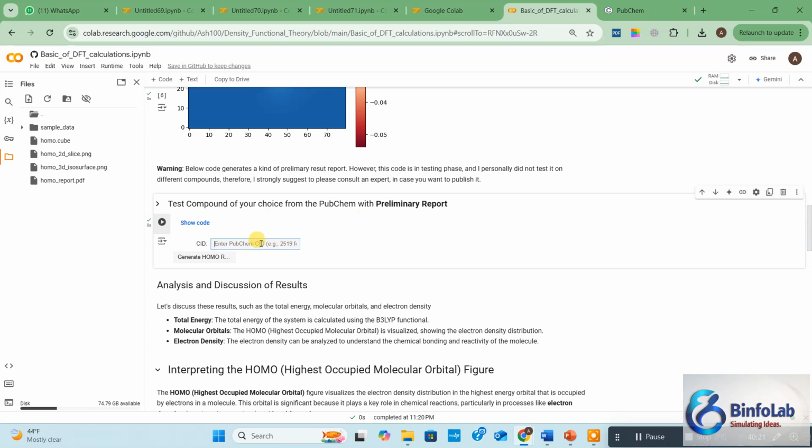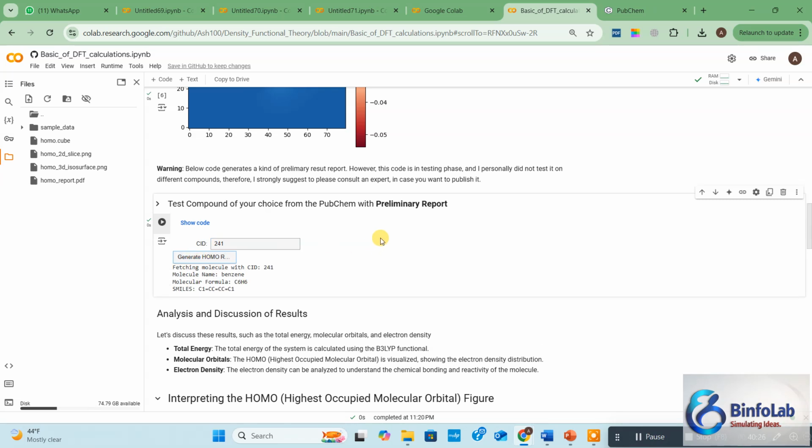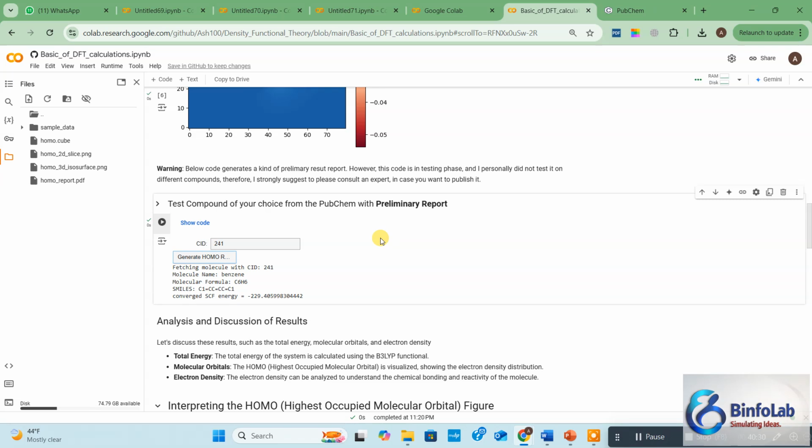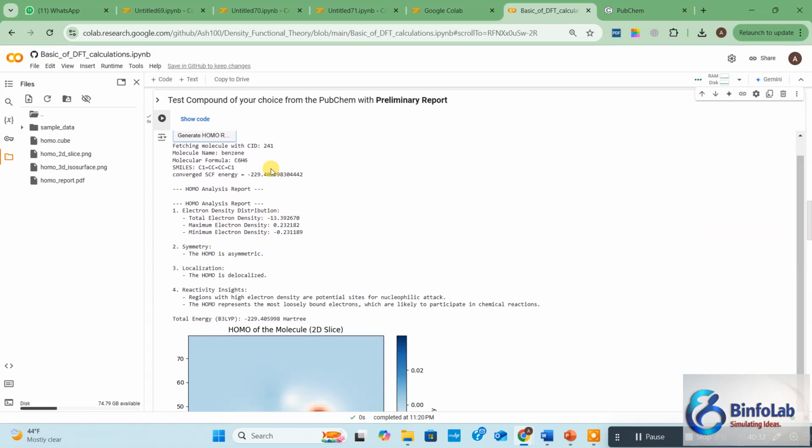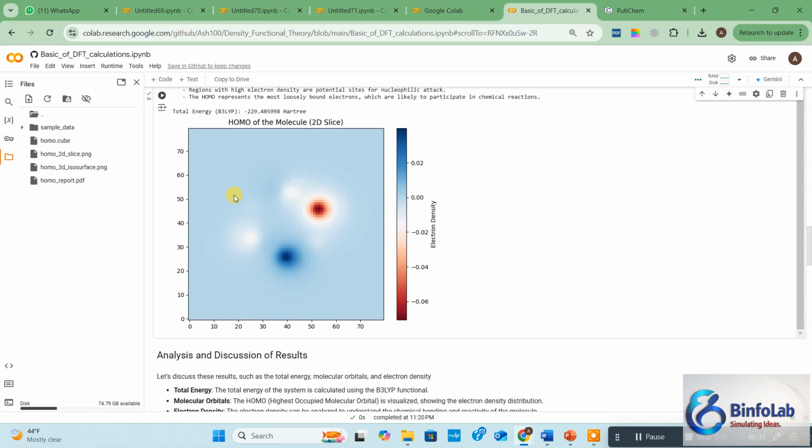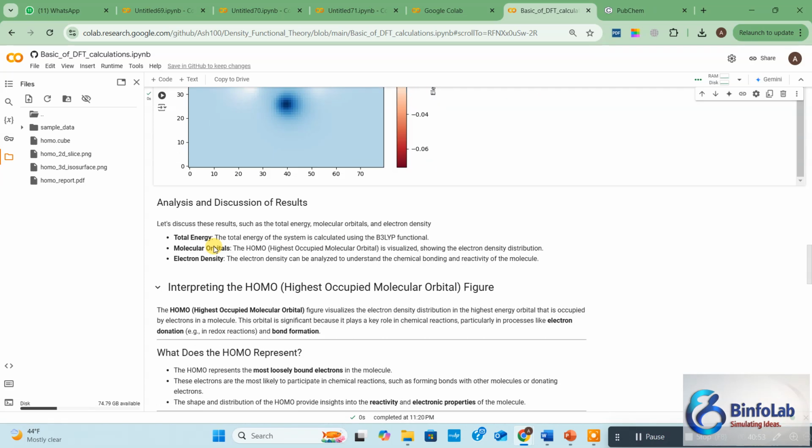Then click here, generate HOMO report, and it will pick the name and each and everything. It will give you the energy, it will give you the HOMO analysis. This one is far better. 1, 2, 3, 4, 5, and 1 is here. So once again, those two atoms are shown with the high electron density.